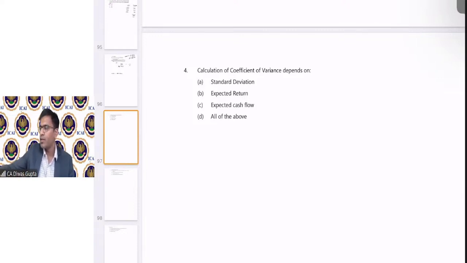Please, students, I request every one of you to answer this with A, B, C, or D. Please express your answers. Yes, Guram is saying D, which is all of the above. Rest all also please post your answers, students.